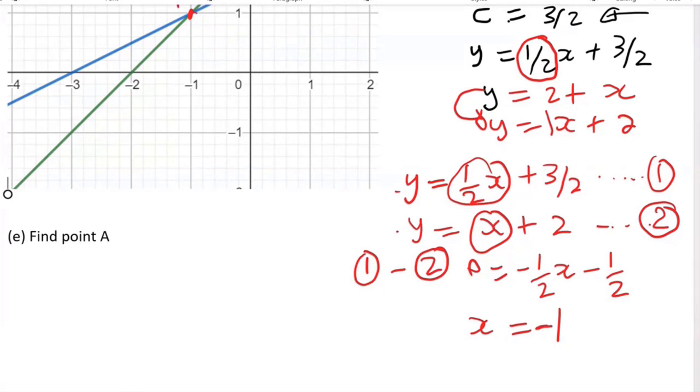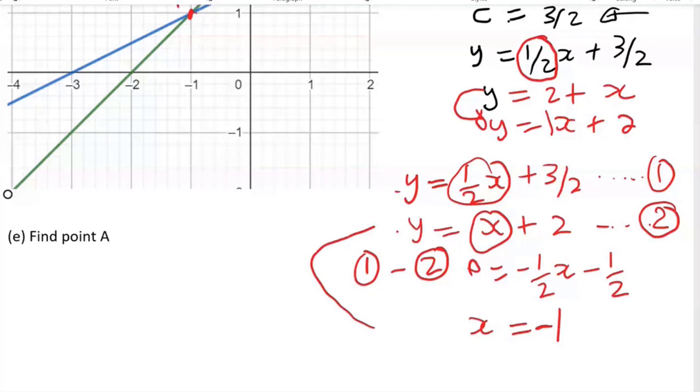Once you've got your x, take your x and substitute it into either of the two equations. You can substitute it into 1 or into 2, whichever you prefer that is economical. I think you must economize with your time, so it's better to substitute here because it's easy. You can even do it by inspection.